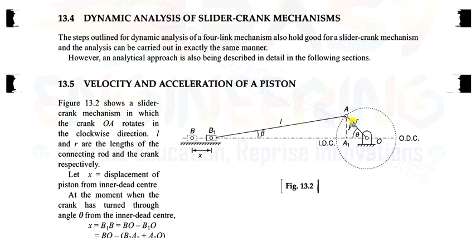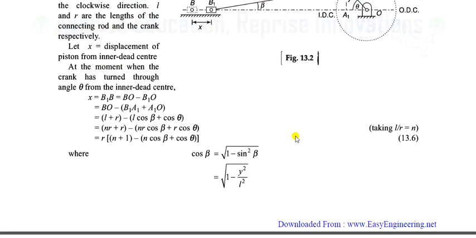So if I do it in this triangle, sin theta is equal to y by r. If I do sin beta, it will be y by L. So y is equal to L sin beta and y is equal to r sin theta.